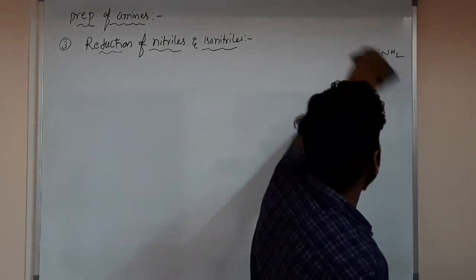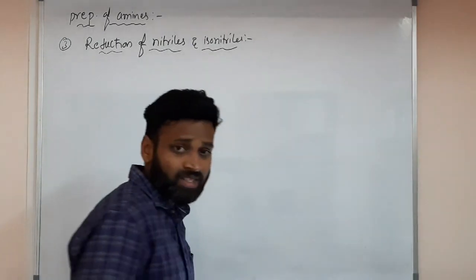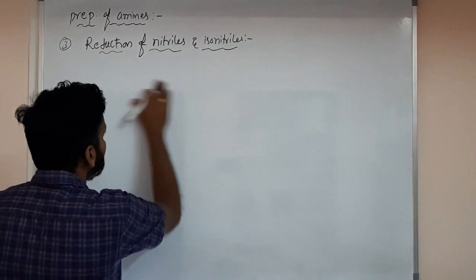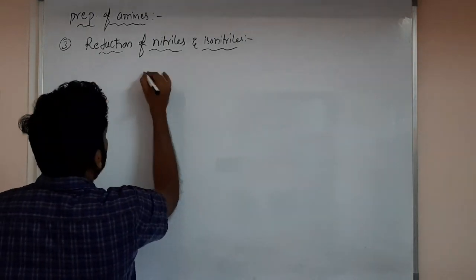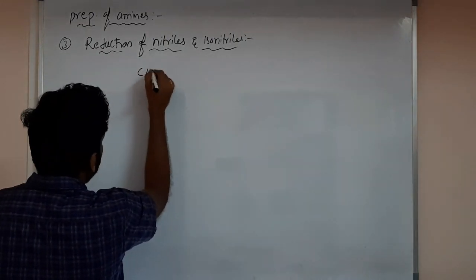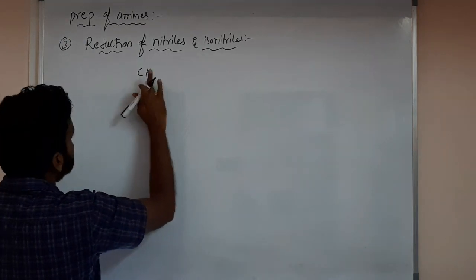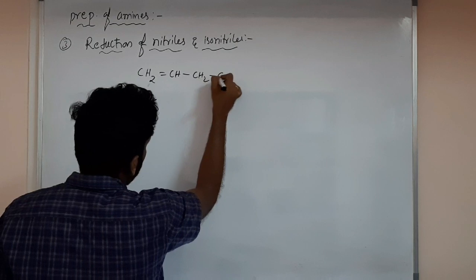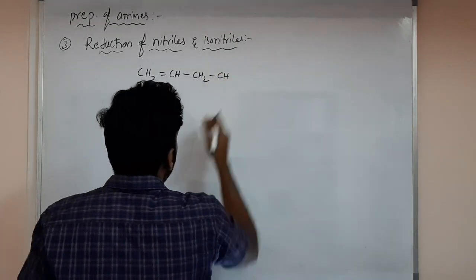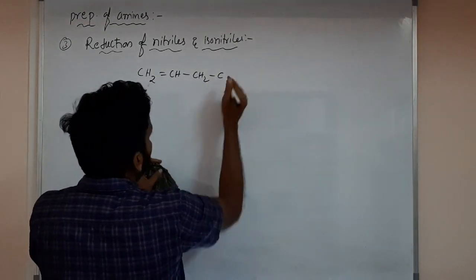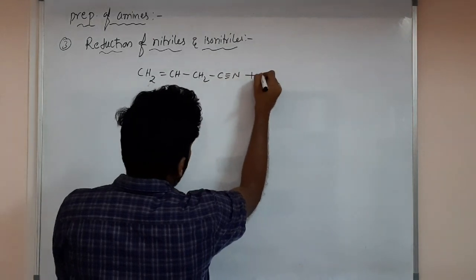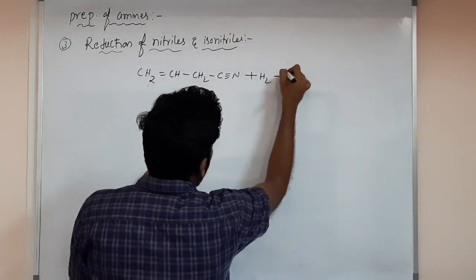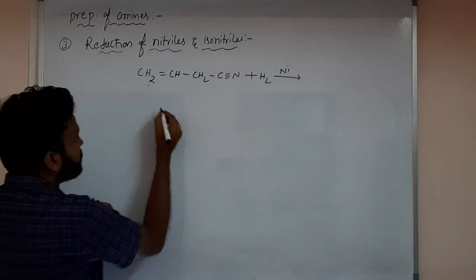Do you remember the difference between nickel by H2 and LiAlH4 that I gave previously? Suppose you have here CH2 double bond CH and CH2 and here C triple bond N. This is when you are using H2 by nickel. What is the product? Like this they'll ask you questions.